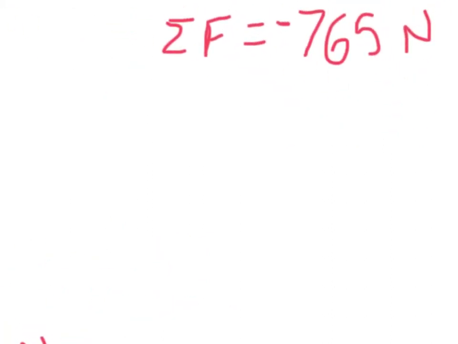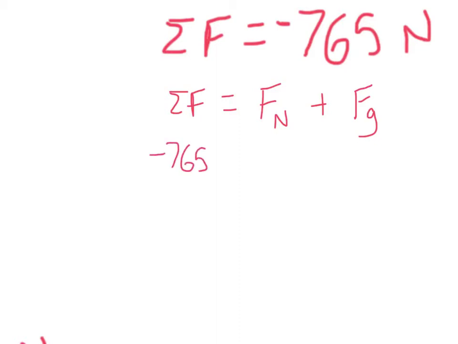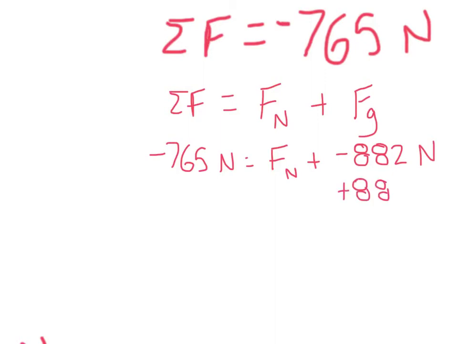Because we know that the net force is also the sum of all the forces, it's going to be the normal force plus the force of gravity, because those are the only two forces acting on the man. We already found that the net force is negative 765 newtons. The normal force we're not sure about, and the force of gravity is negative 882 newtons. So if we do a little bit of math, we add 882 newtons to both sides.